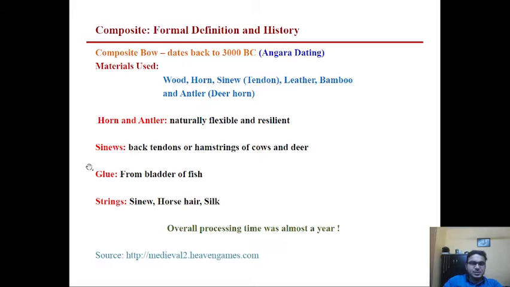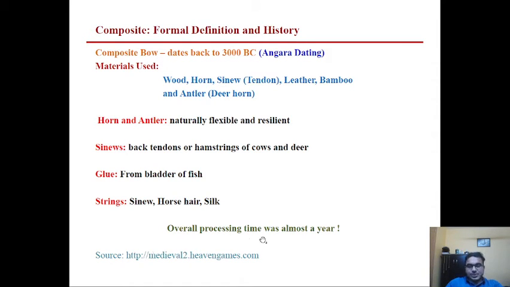Sinew, that is tendon, comes from the back tendons or hamstrings of cows or deer. Mostly we were using materials from the body parts of animals. Then glue, which is from the bladder of a fish, and strings, which are horsehair, sinews and silk. These were the constituents used to make a composite bow.